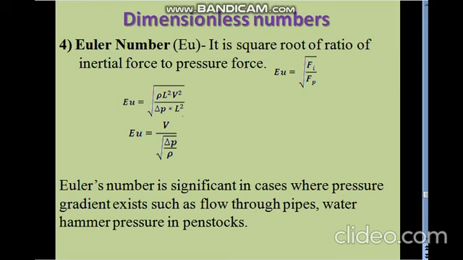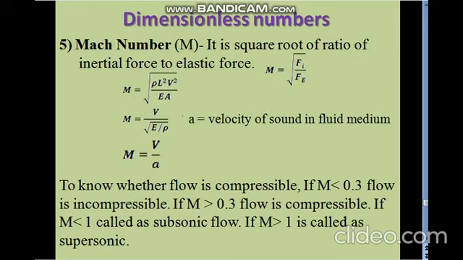Now we'll move to the next dimensionless number. It is the Mach number, denoted generally by capital M. It is the square root of inertial force divided by elastic force. So M is equal to square root of rho L square V square divided by E L square, the elastic force.